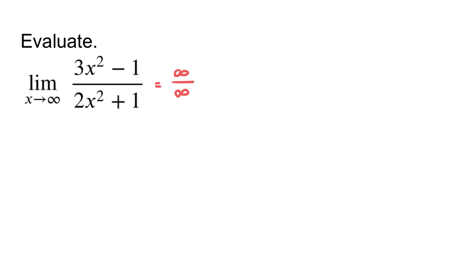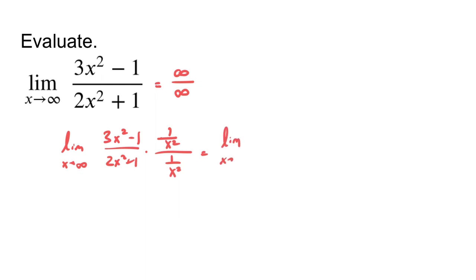But that's okay, because one of the ways to fix that is to take the top and the bottom of this expression and multiply by 1 over x squared over 1 over x squared, and again evaluate that limit as x approaches infinity, and I get 3 minus 1 over x squared over 2 plus 1 over x squared. And if we remember, the value as x approaches infinity of this little piece right here and this little piece here is both 0, so I end up with 3 over 2.